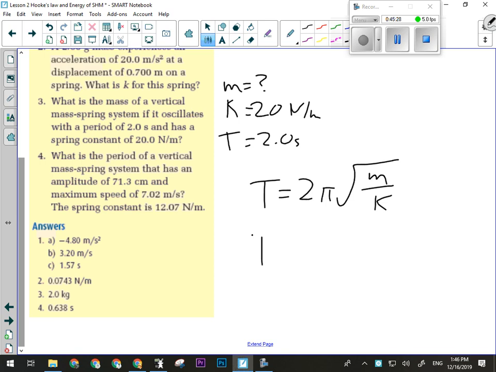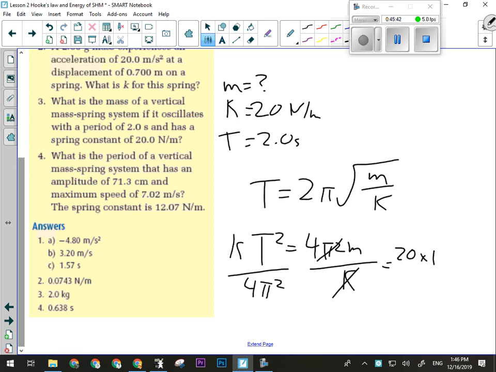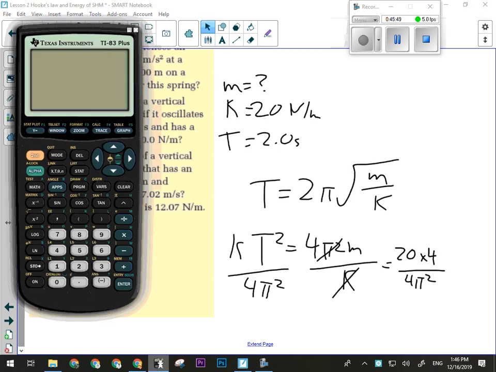So I'm going to solve for m by first squaring everything. T squared equals 4 pi squared times m over k, and then I'm going to move everything over to the other side except for m. That'll allow me to solve for m, so that'll be 20 times 4, divided by 4 pi squared. 20 times 4 is 80.